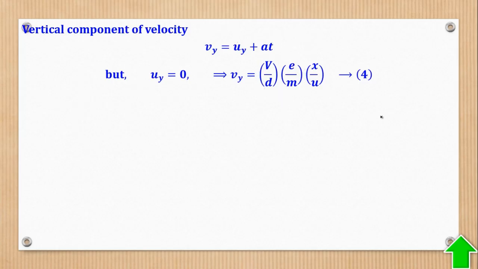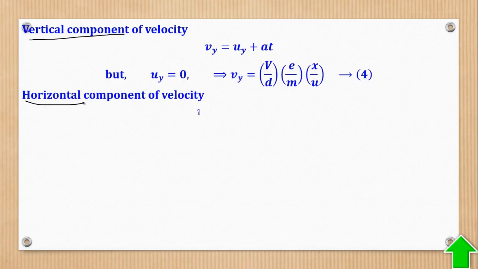Actually this expression is very vital: the vertical component of velocity is electric field intensity multiplied by the specific charge multiplied by the time taken. And we shall use it more frequently. So that is Vy, the vertical component. What about the horizontal component? For the horizontal component, we shall just say that Vx is equal to U. So horizontally, the horizontal component is always constant.